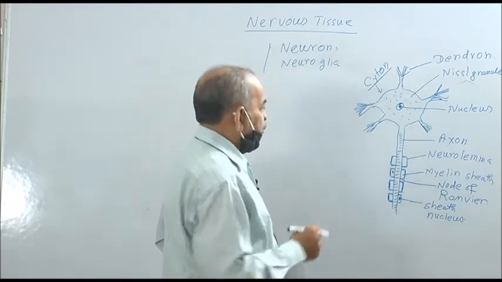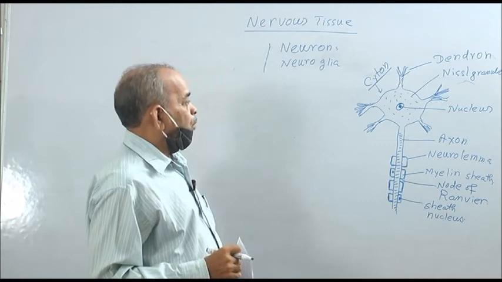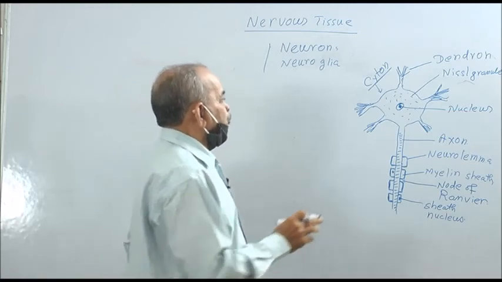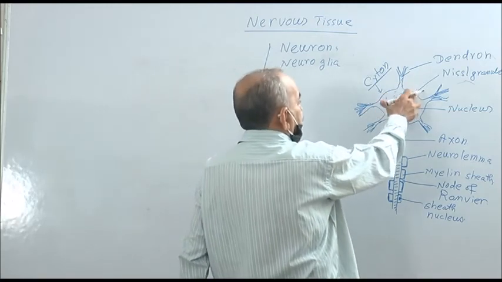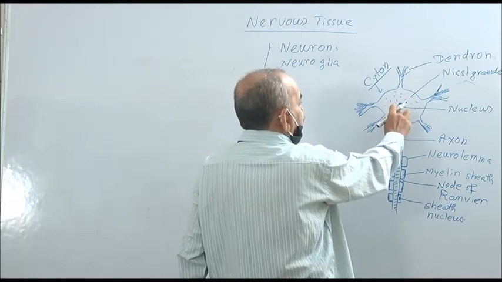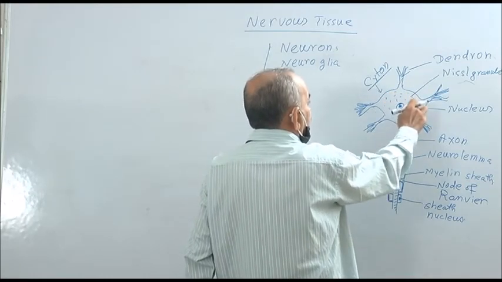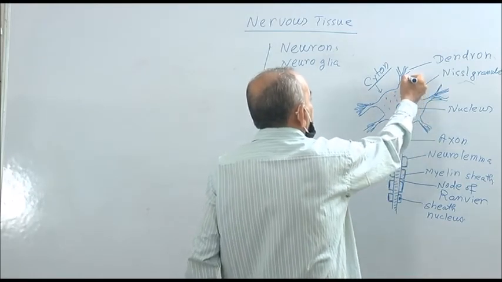So, this is a neuron or nerve cell. See, this is the cell body that is known as the cyton, this is the nucleus, these are the Nissl granules. So, two types of nerve fibers are there.